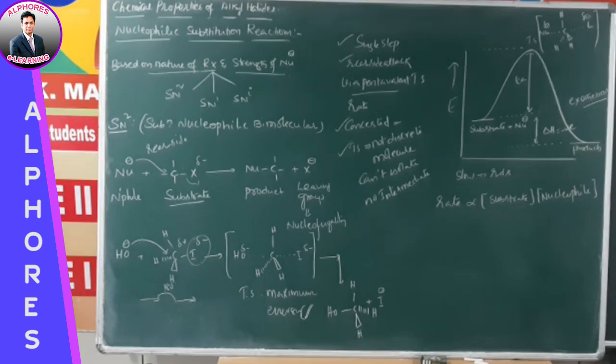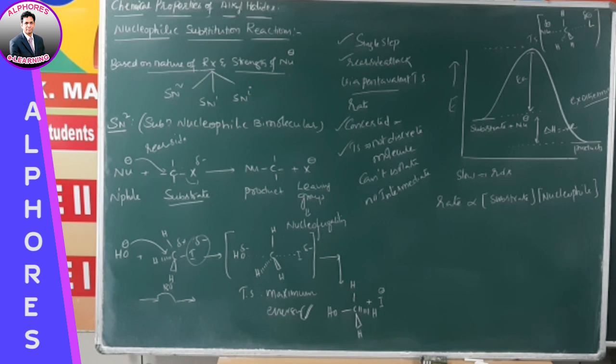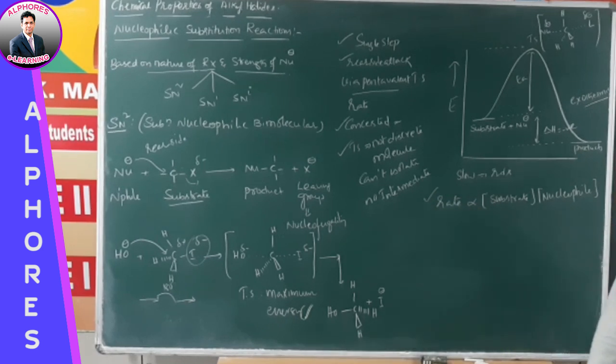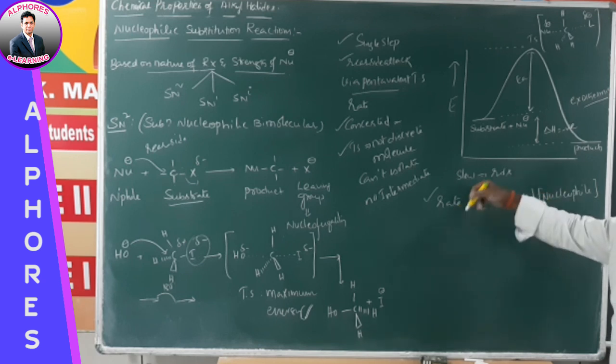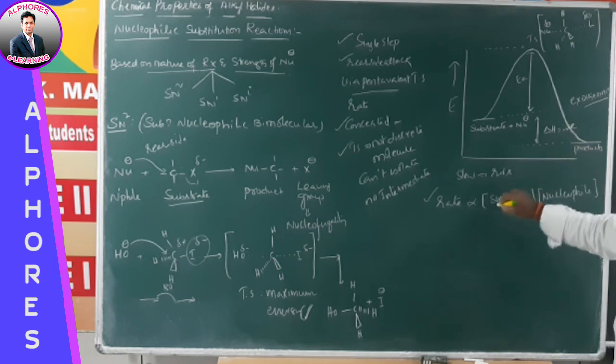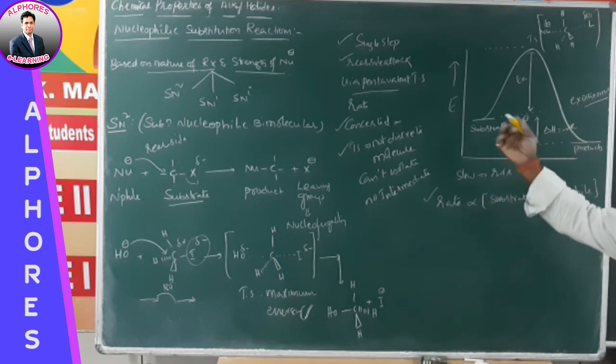So both substrate and nucleophile concentration influence the rate of reaction. So how do you know? For this you have to get experimental observation. When you double only the concentration of substrate, then the rate doubles. If you double only the concentration of nucleophile, the rate doubles. If you double both concentrations, then the rate increases 4 times.